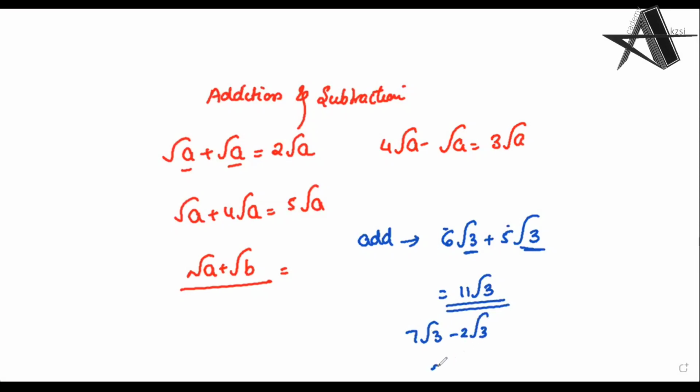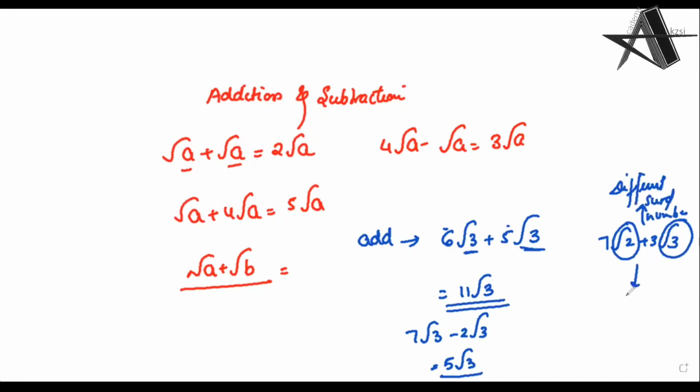So 7 minus 2, 5 root 3 will be your final answer. But if the question is add 7 root 2 plus 3 root 3, you can clearly see they have different base numbers, different surd numbers. So you cannot add or subtract them.